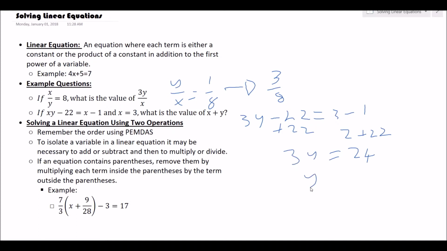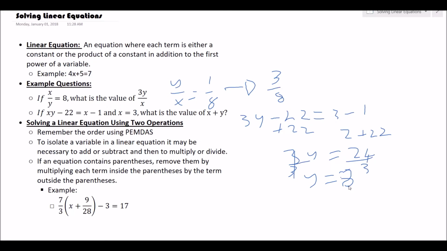And y should be equal to 8, because you divide by 3 on both sides, so here you're left with y, and here you're left with 24 over 3, which is equal to 8, our answer. Alright, so let's move on.